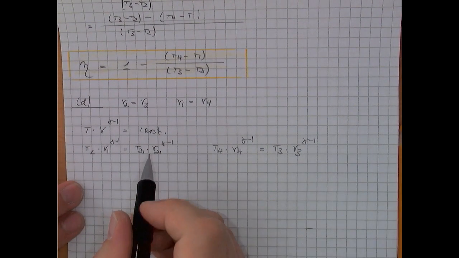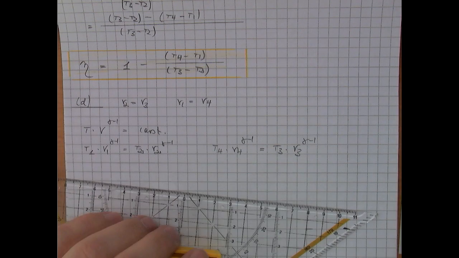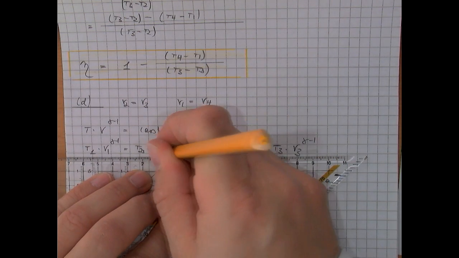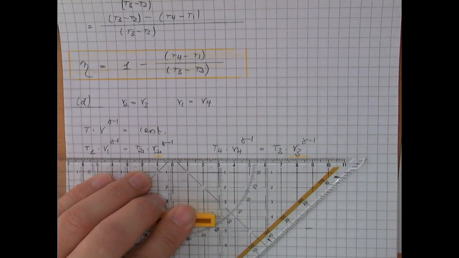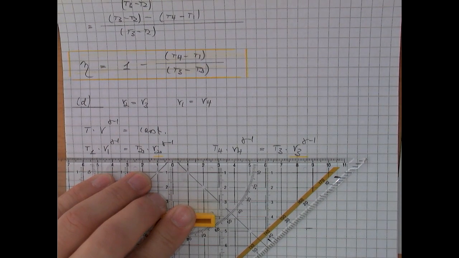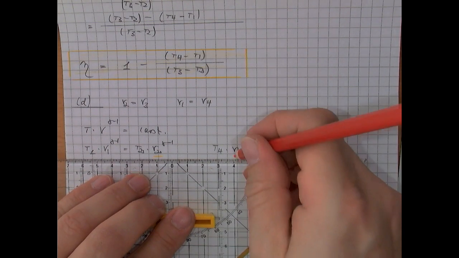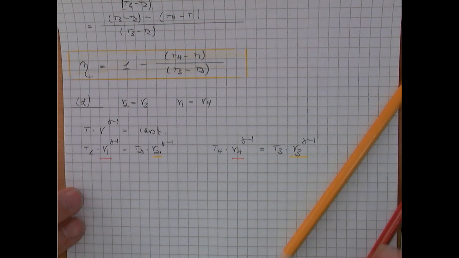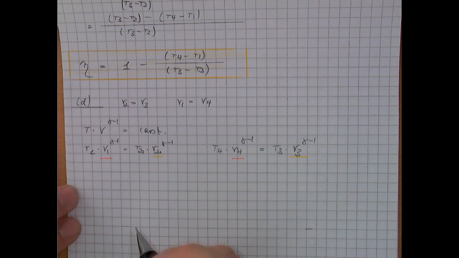But now we know that V2 and V3 are the same, and V4 and V1 are the same, so we can also write this in the following way.